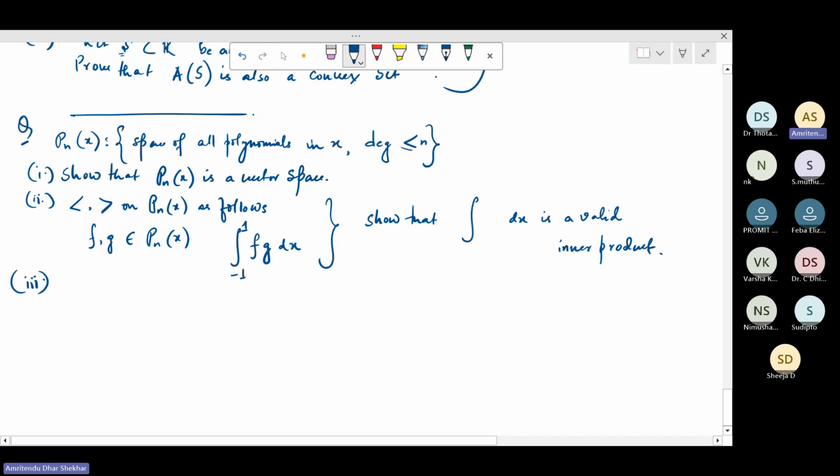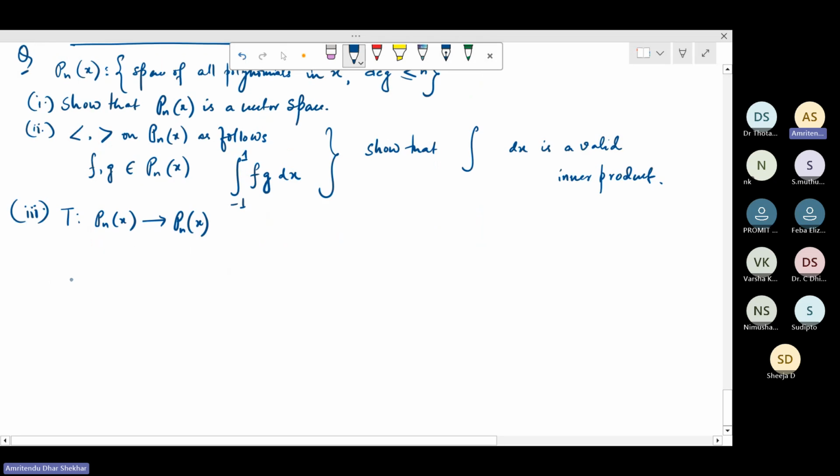I'm going to define a linear map T from Pn of x to Pn of x, which is defined as follows.